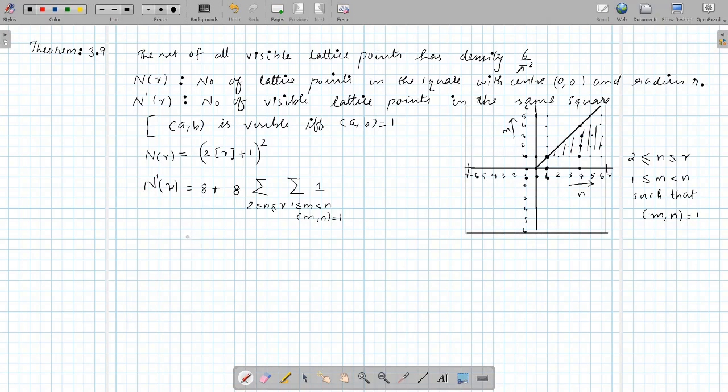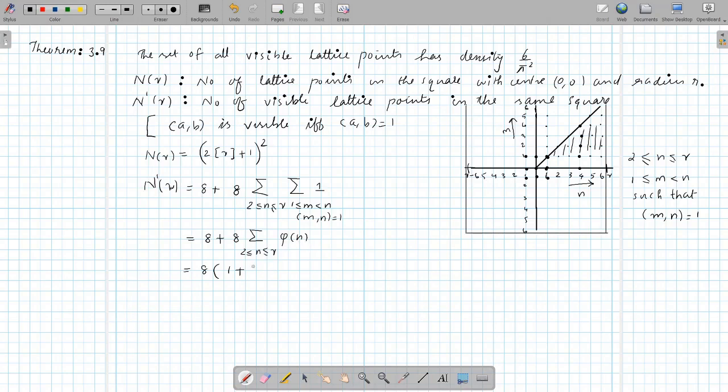So we will rewrite this as 8 plus 8 times sigma over 2 less than or equal to n less than or equal to r of phi of n, because this will give the total number of positive integers which are less than n and relatively prime to n. Therefore this will be equal to 8 times 1 plus phi of 2 plus phi of 3 plus etc. up to phi of the integral part of r.